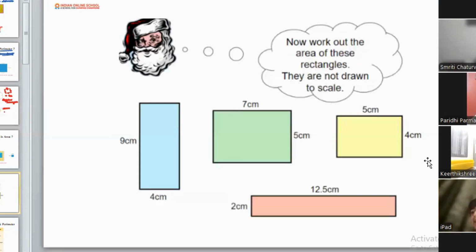Ma'am, 25 centimeters square. No, it's 25 centimeters square. That is the correct answer. Okay, 25 centimeters square. That would be the correct answer. Got it, everybody? Yes, ma'am.